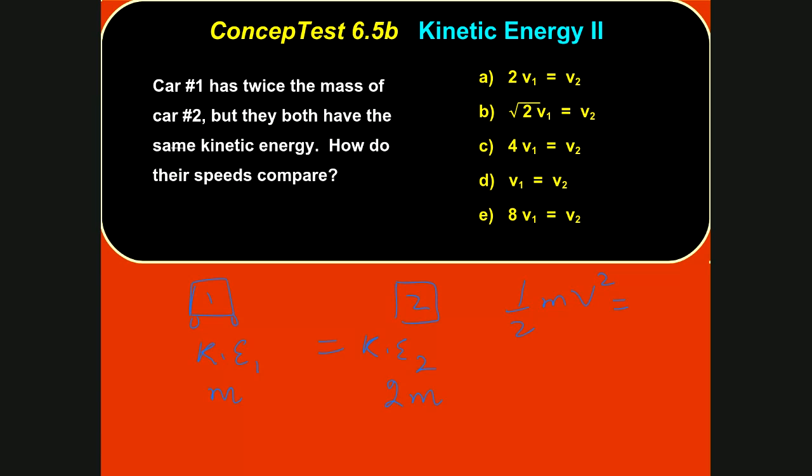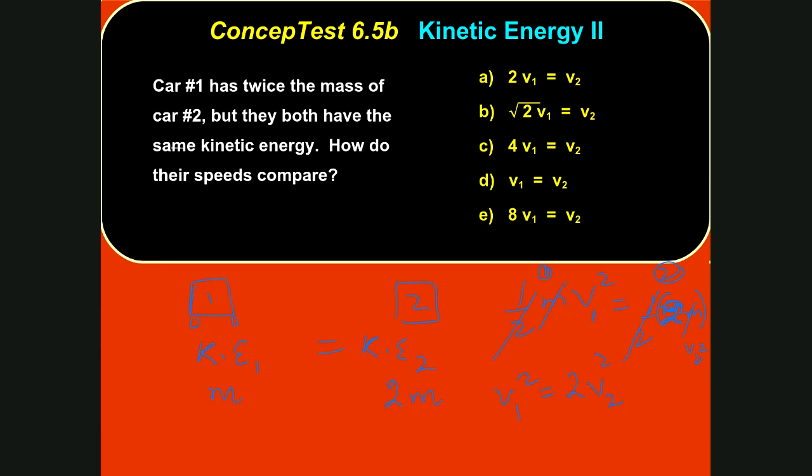And this one is equivalent to, we will write down 1/2 mv1 squared because we know the speeds are different for car 1. And for car 2, it will be 1/2 m, but we know that car 2 has double the mass. So I'll write 2m for this one, and v2 squared. So 1/2 and 1/2 will cancel. m and m will cancel. So v1 squared will be equivalent to 2 times v2 squared.